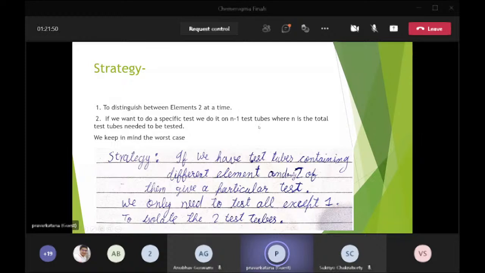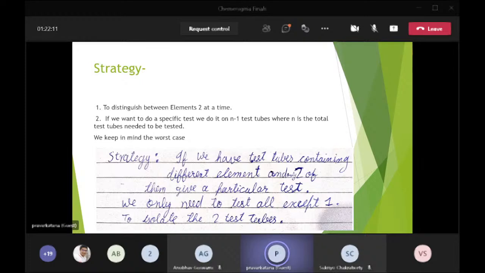For example, if there are 10 test tubes and we have the confirmatory test of A, we do it on 9 test tubes. If it is negative in all 9, the 10th is automatically it.